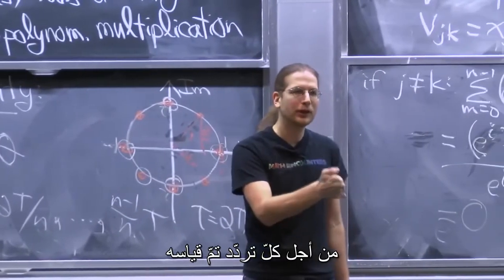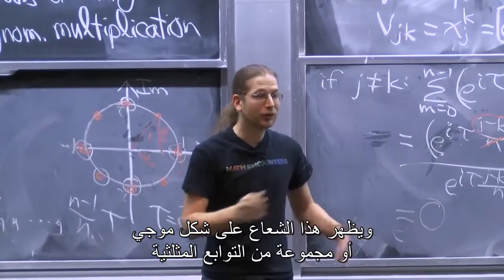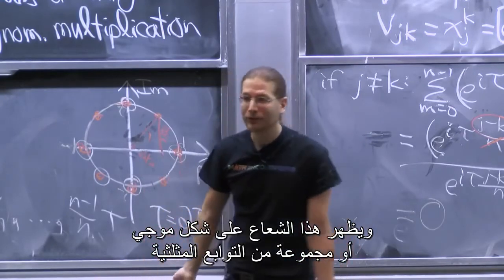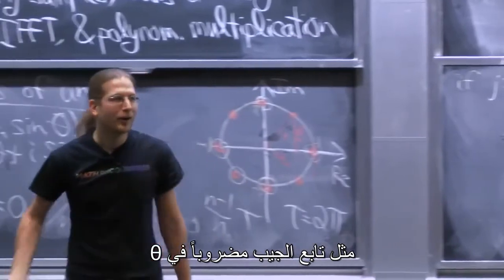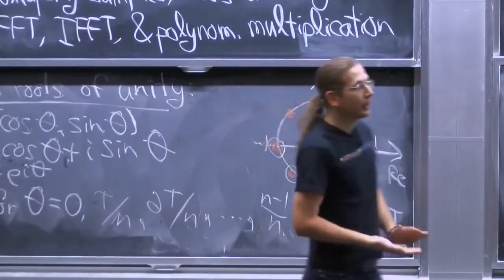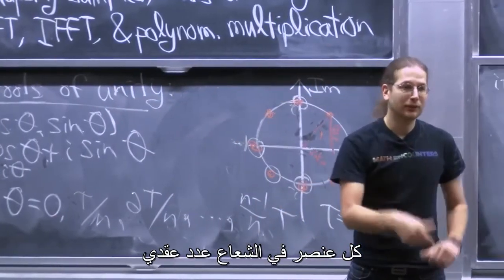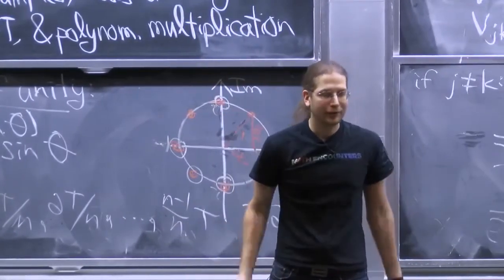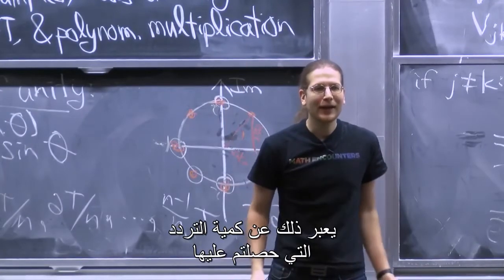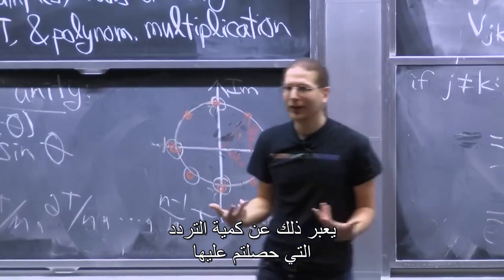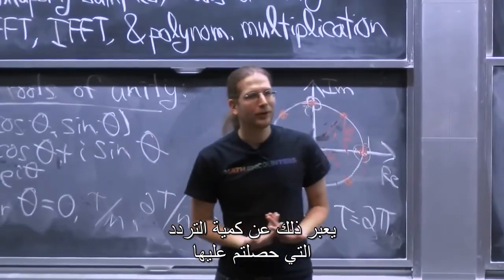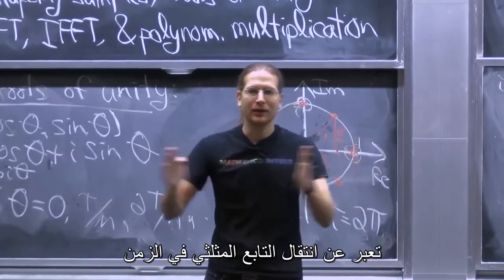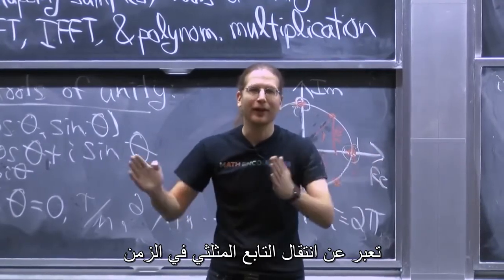For every frequency, you're essentially viewing the waveform as a bunch of trigonometric functions, say sine of something times theta. If you look at one of the entries in the vector and it's a complex number, if you compute the magnitude of the complex number, the length of that 2-coordinate vector, that is how much stuff of that frequency you have. And then the angle of the vector in 2D is how that trigonometric function is shifted in time.